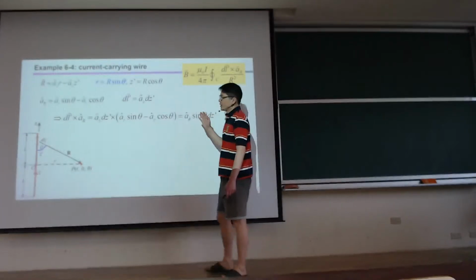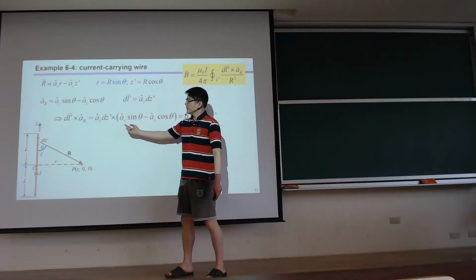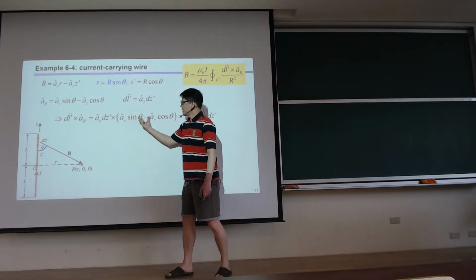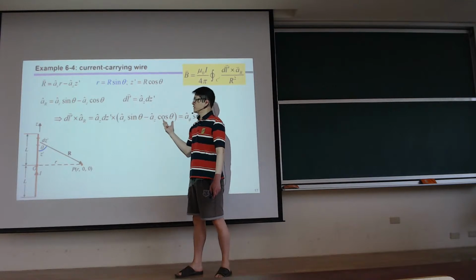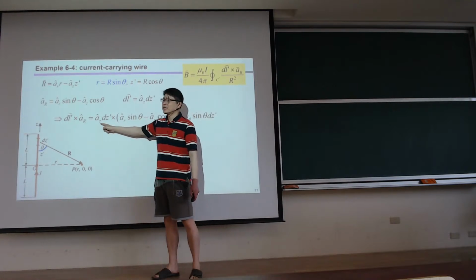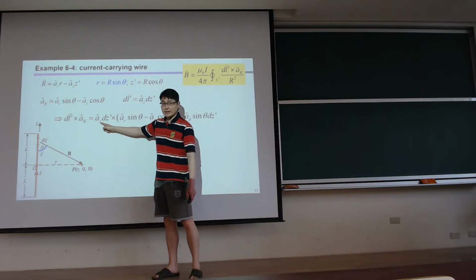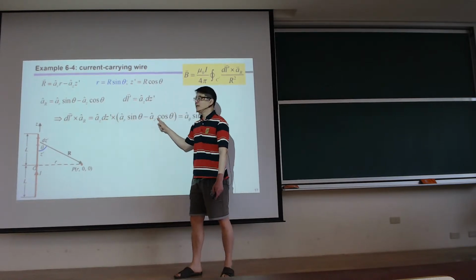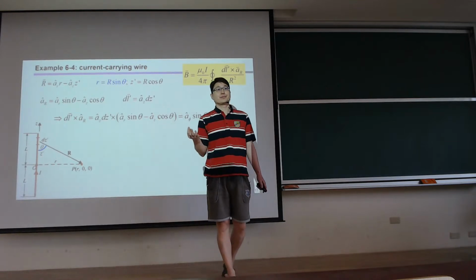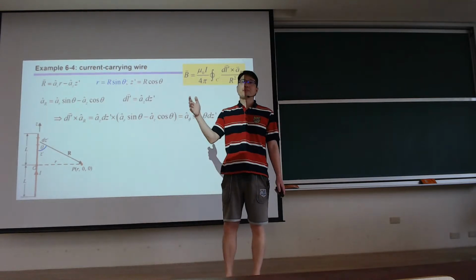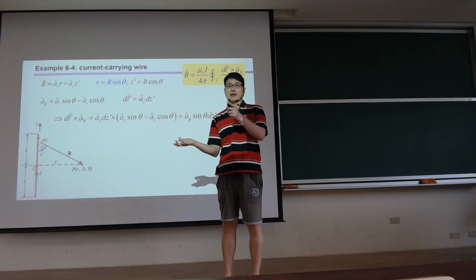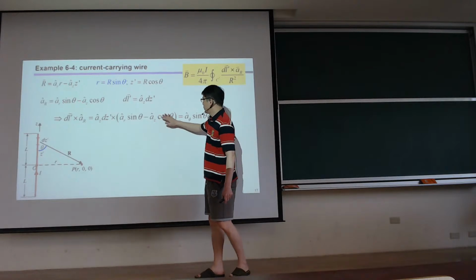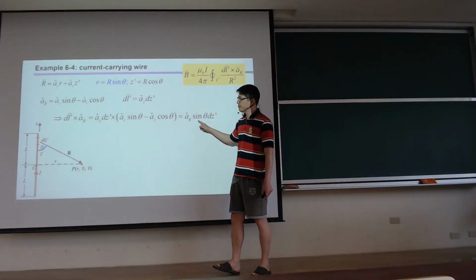Well, in this case, we're lucky. Why? Ideally, my unit vector has two components, two directions. But my differential length is in the z direction, so z cross z becomes 0. When you're making a cross product, you have to have non-parallel components. So we're lucky, we only have one resulting term.